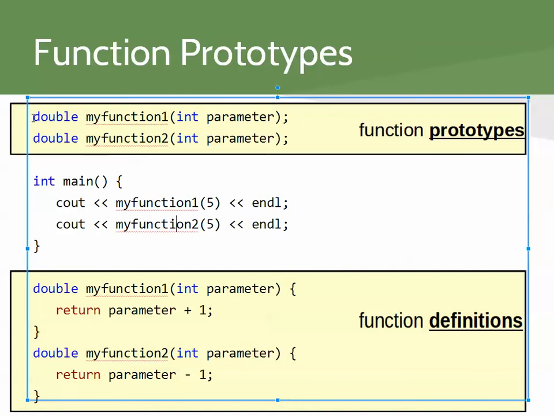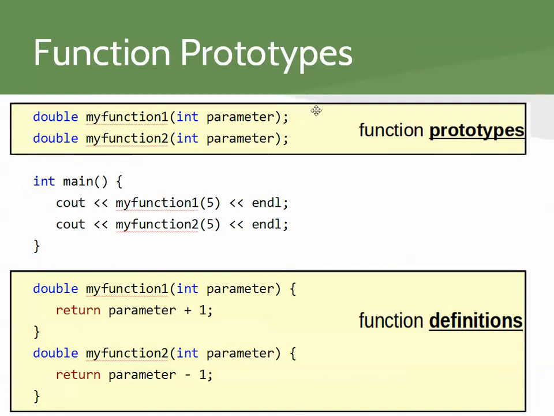Now what we've done is we've put an actual function prototype above it. All right, so above main, we've got the return type, the function name, and the parameter list, followed by a semicolon. Right? So there's no full definition, there's no code behind function 1 or function 2 just yet.